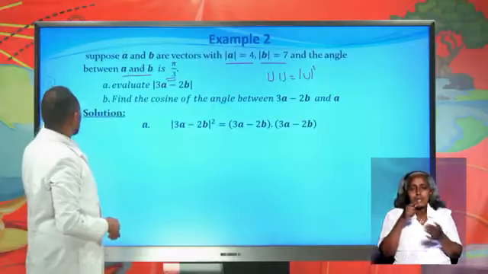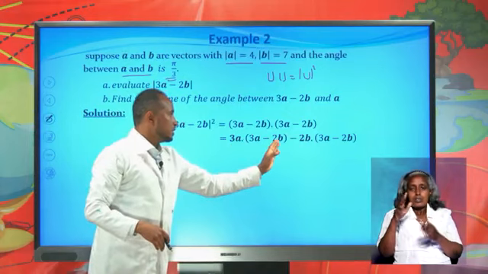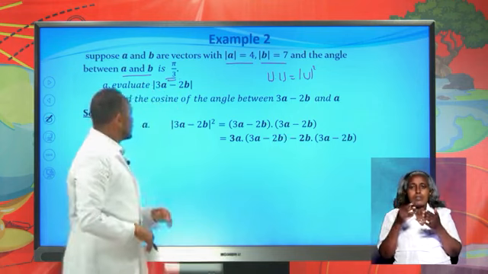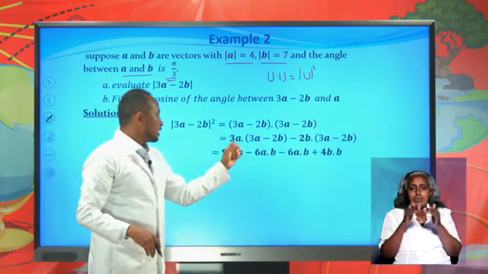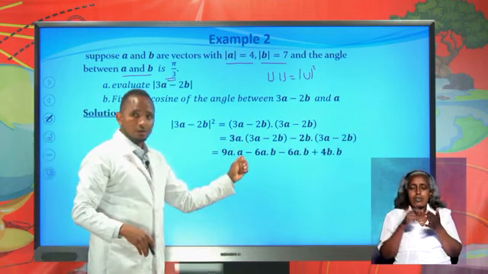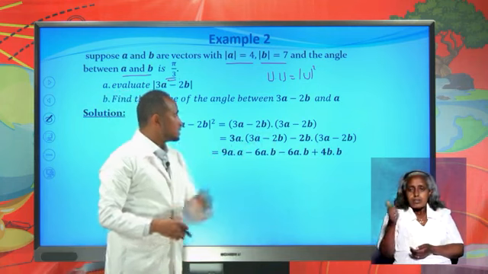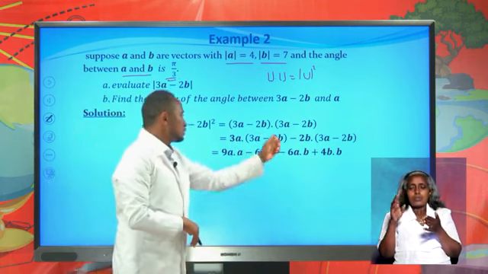Using the distributive property, 3a dotted with 3a minus 2b dotted with 3a minus 2b. And this is equal to 3 times 3 is 9, 9 times a dot a. We have a dot a here, it's a product of vectors. And 3a dotted with minus 2b equals 6 times a dot b.